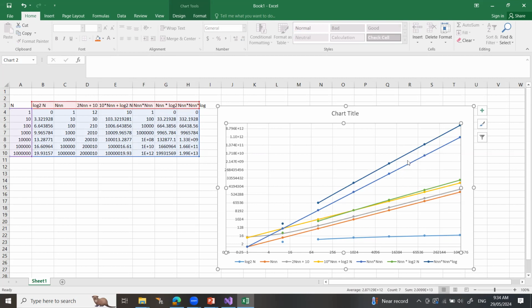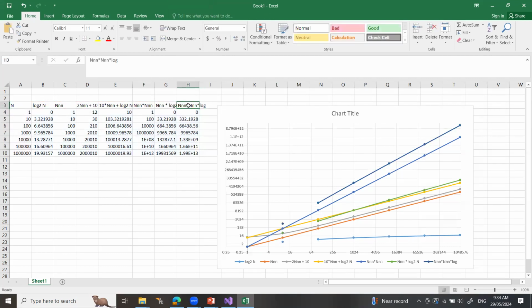You can't see it too well, but notice this point here is a lot closer to it than these, right? Actually, it's growing a little bit worse, but because it's a log, it doesn't grow significantly worse. But it is worse, right? So we can't approximate this to n squared because the n squared times log is actually a bit worse. So then what would we expect for n cubed? That's n times n times n.